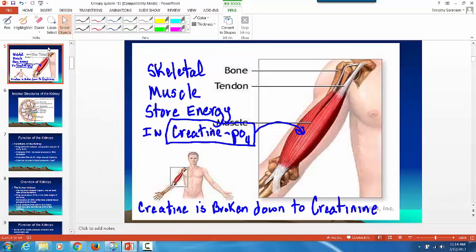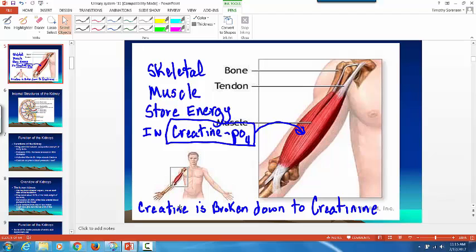Now, the other waste product is from the breakdown of a compound called creatine phosphate. Creatine phosphate is the stored form of ATP in skeletal muscles. So you've got to have a little energy stored inside those muscles, if you've got to run real fast from the Hamburglar, or whatever.